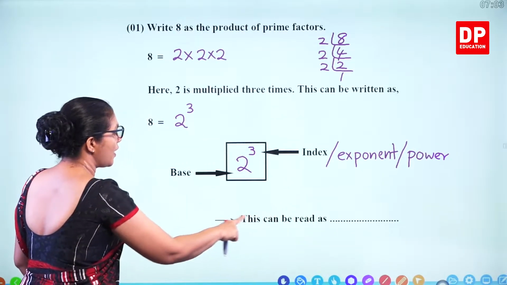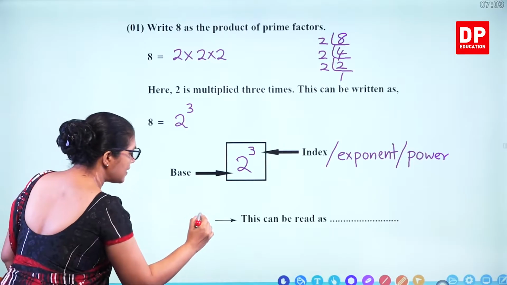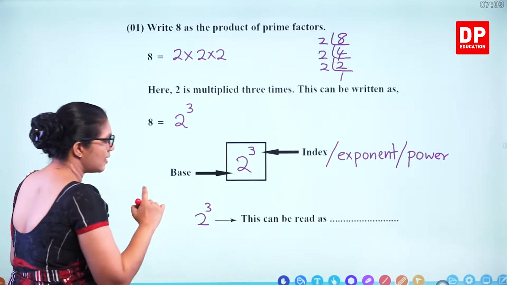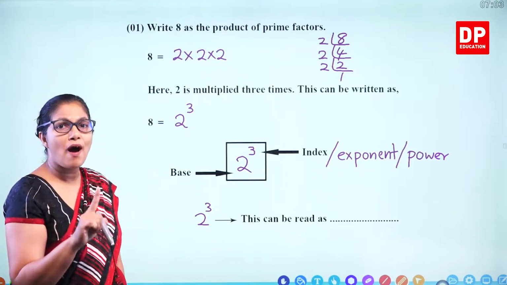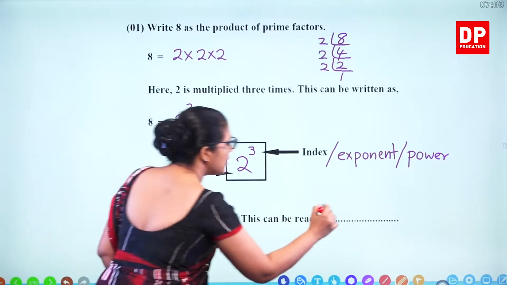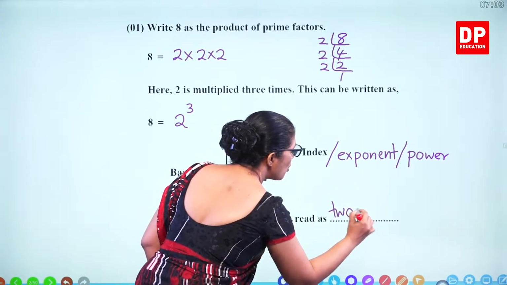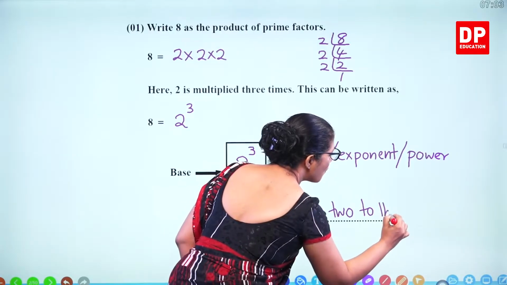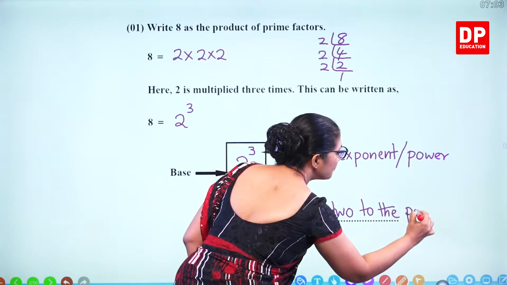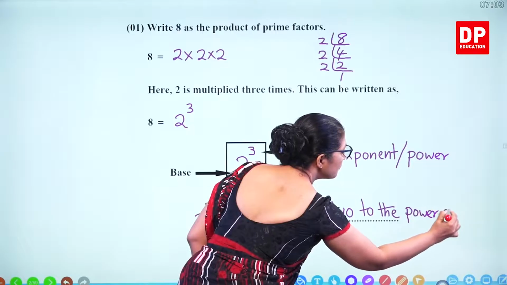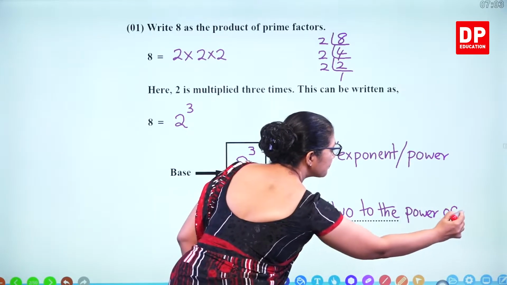You can read this number as 2 to the power of 3.